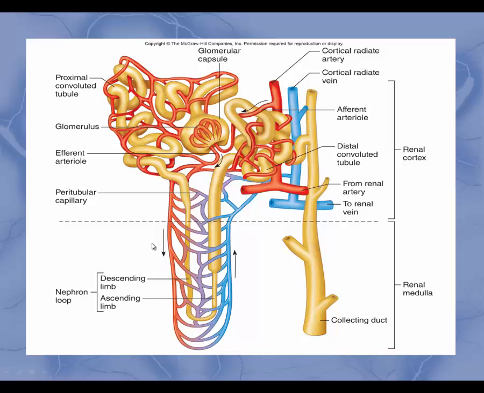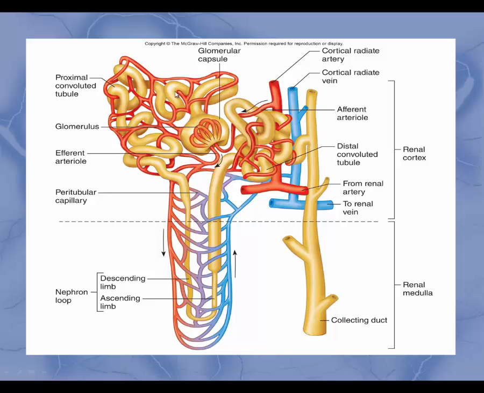Then the blood will continue on through arterioles, the capillaries, venules, veins, and then back to the heart. The stuff that gets collected is caught by the Bowman's capsule, this sac-like structure around the glomerulus. And at that point, the stuff is called filtrate because it's been filtered. And the stuff that's in yellow here is the renal tubule.